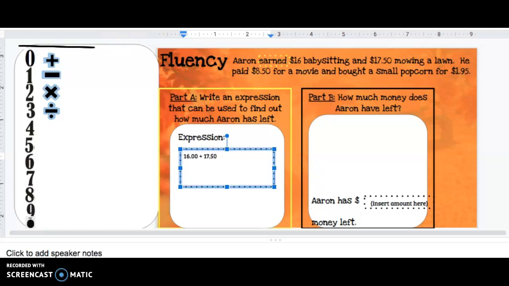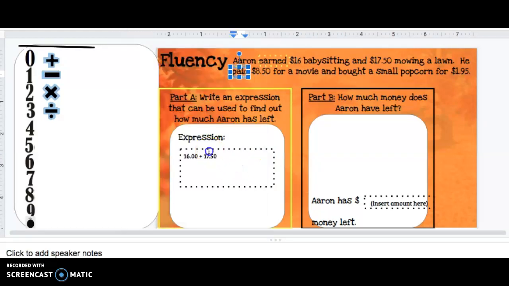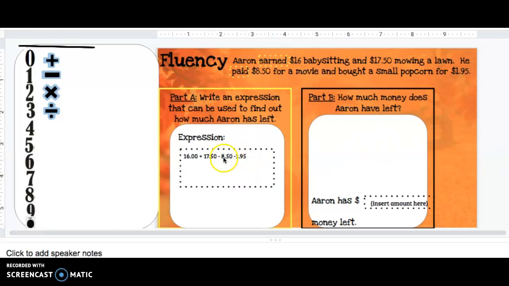That means he no longer is going to have that money. If he's paid for it, he has to take that amount out of his pocket because he does not have it anymore. So we are going to subtract that $8.50 from how much he's earned, and we're also going to subtract that $1.95 that he paid for popcorn. So that's our expression that we're going to work with.